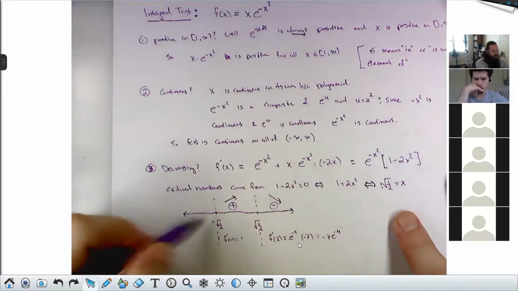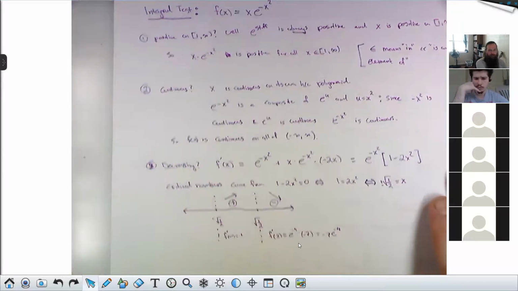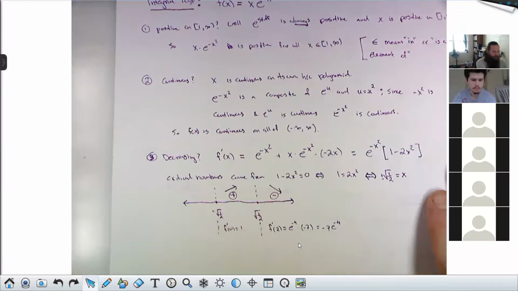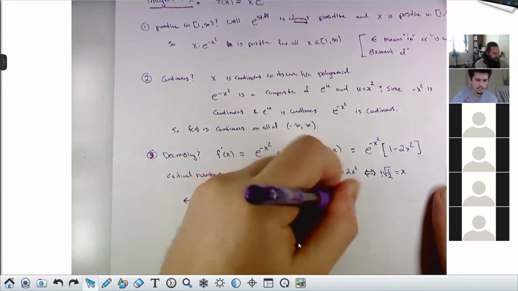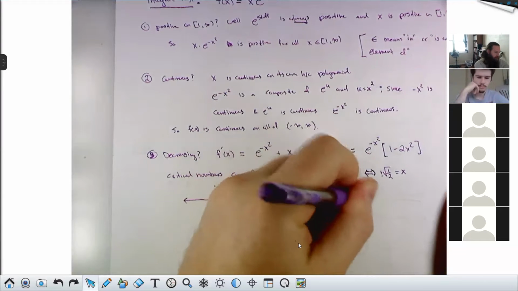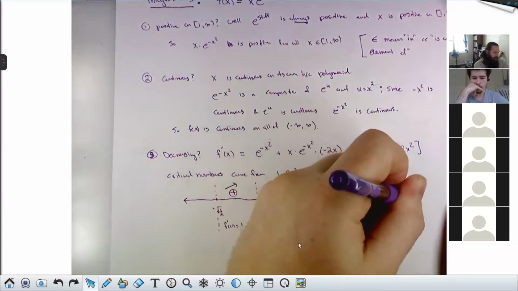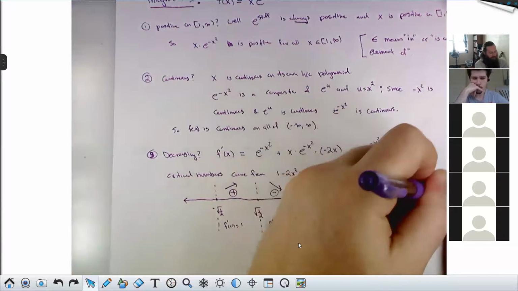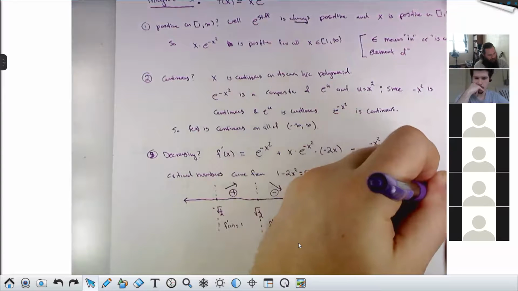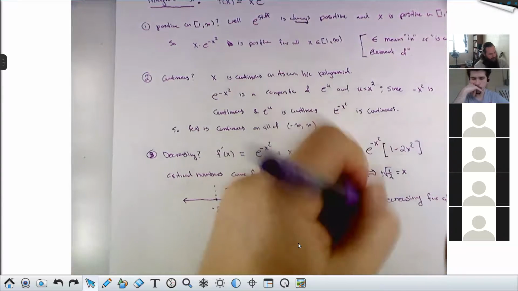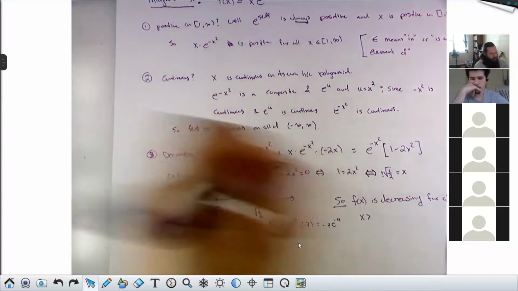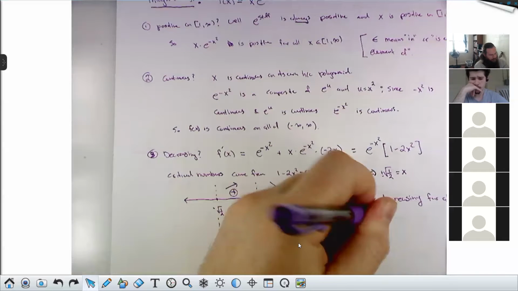And at this point, I don't really care what's going on over here. So f of x is decreasing for all x greater than the square root of 1/2.